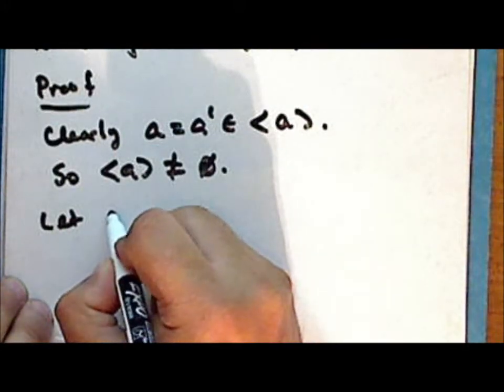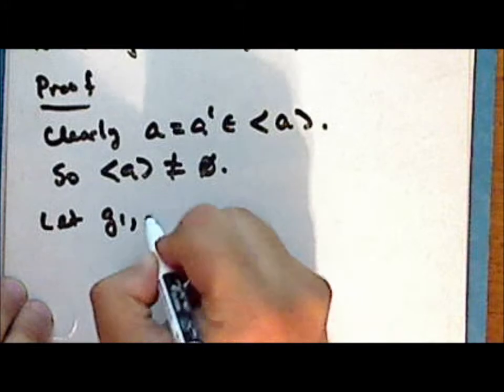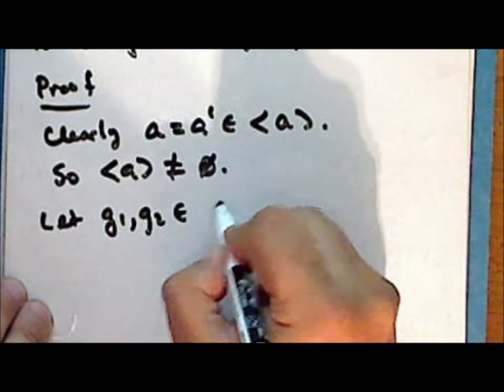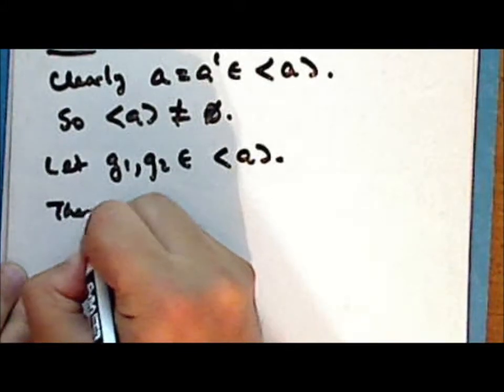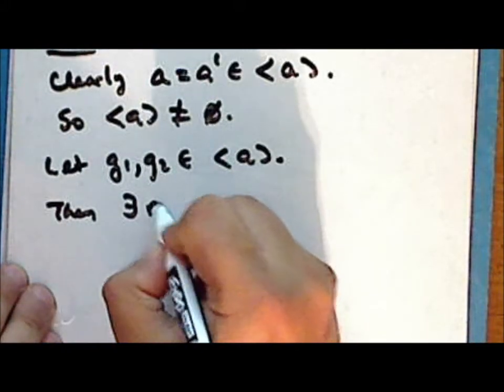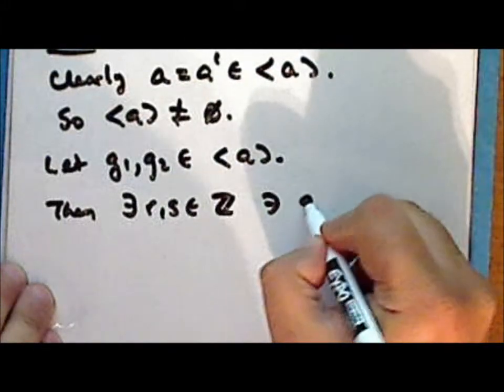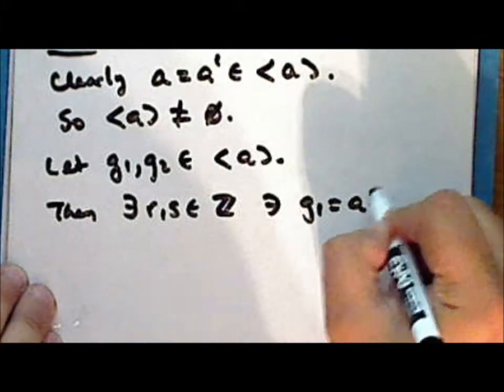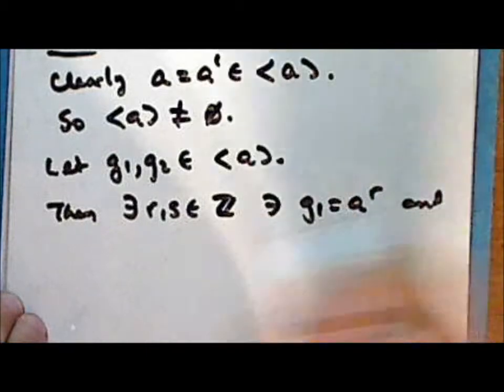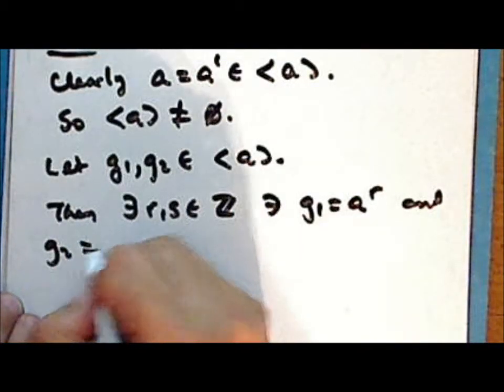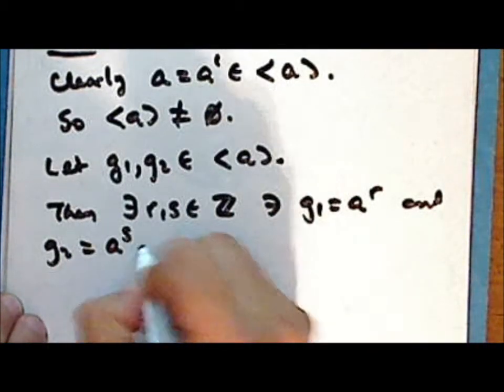Now let G sub 1 and G sub 2 be two elements in this set. Then there exist integers r and s such that G sub 1 is equal to A to the power of r, and G sub 2 is equal to A to the power of s.